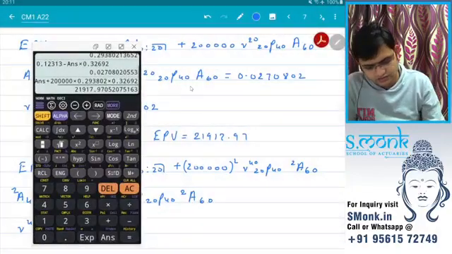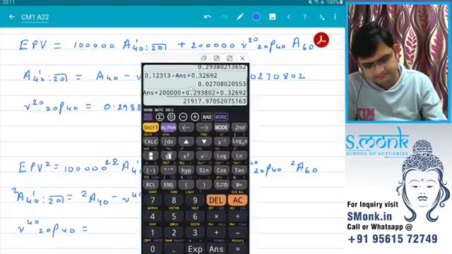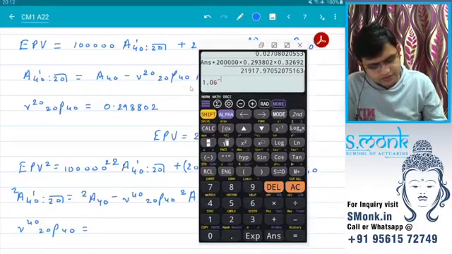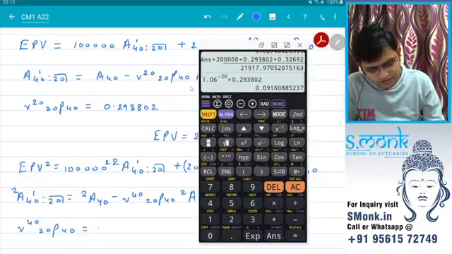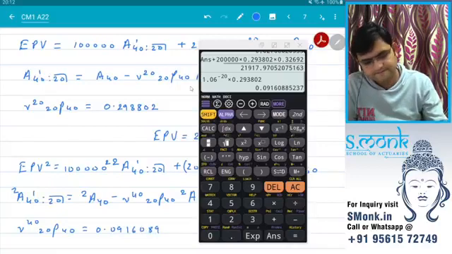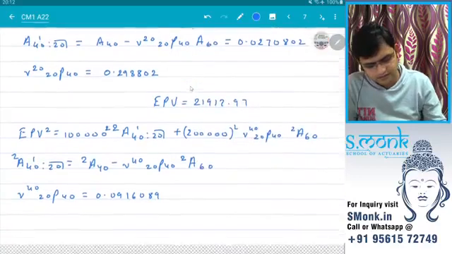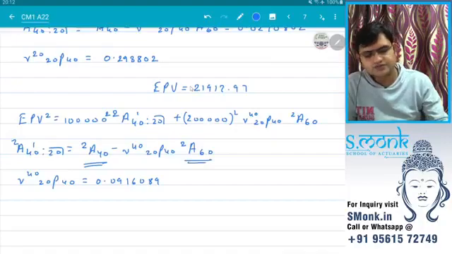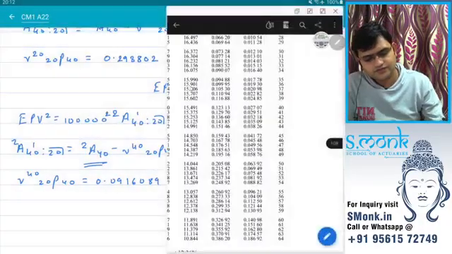So 1.06 raised to minus 20 into 0.293802 gives 0.09168089. So 2A40, 2A60 from the tables.